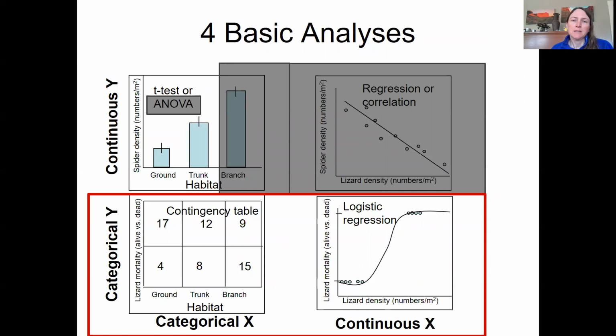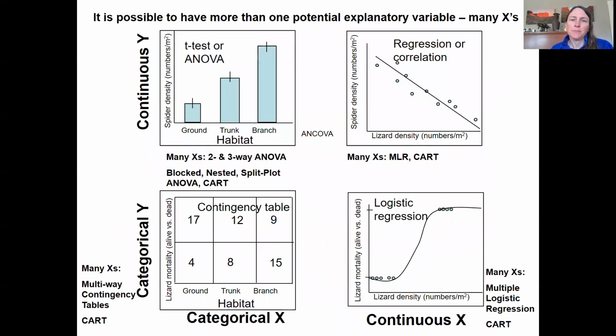All right. The last example, well, I guess what I'll say is that it's possible to have many X's for both of these things, okay? And so you can have multi-way contingency tables where you have more than one independent variable influencing your response variable. You can have multiple logistic regression, where you have, again, more than one X variable influencing, say, mortality or something like that.